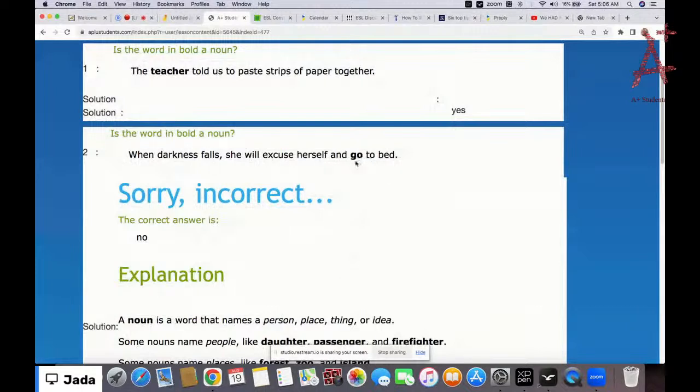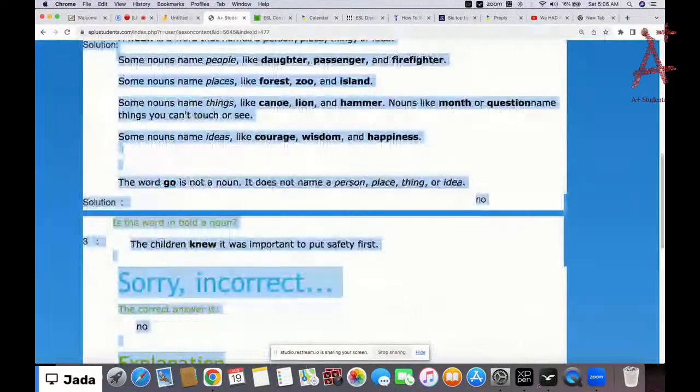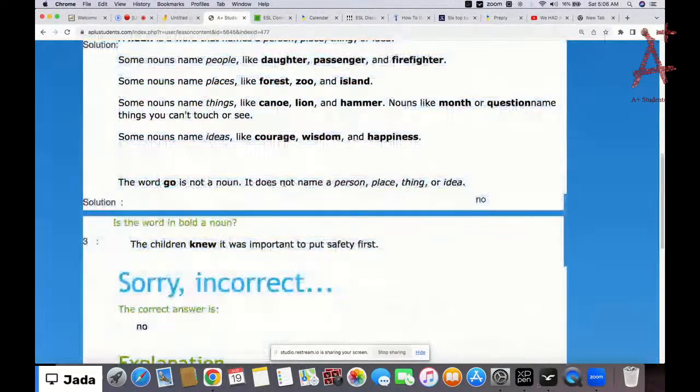Is go a noun? Go is not a noun because it does not name a person, place, thing, or idea. I hope that you understand this.